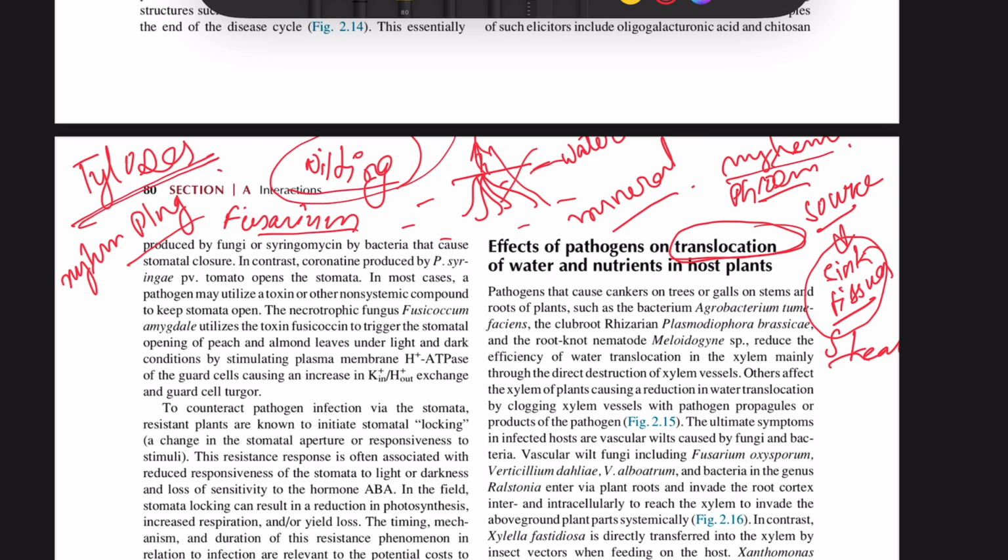Now, two things they do. One is they stop the xylem vessel so that the plant cannot take water and minerals from the root. The second, they convert the source to sink tissues, using toxins or effector proteins, and they steal the food so that the plants get weakened and are not ready to defend against the coming pathogens.